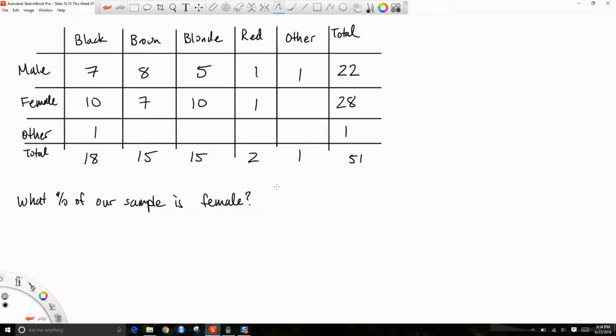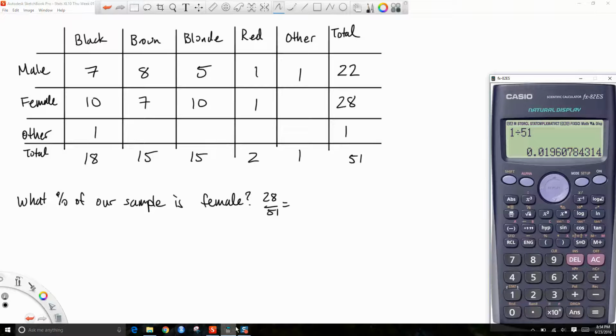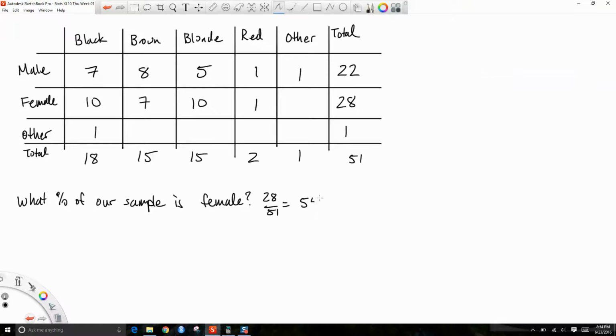Okay, well, what is the answer to this question? We would do 28 divided by 51. I think we've already done this. We get 0.549, so 54.9%, or we can round up to 55%.